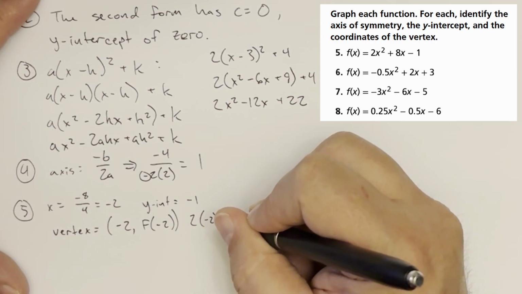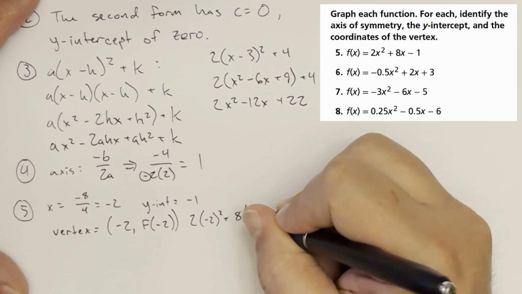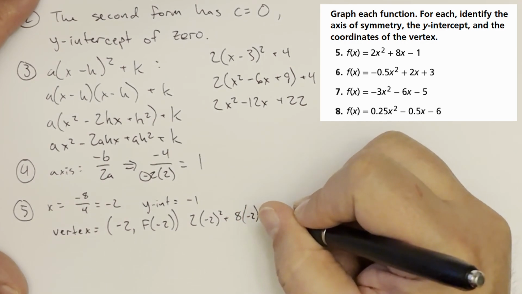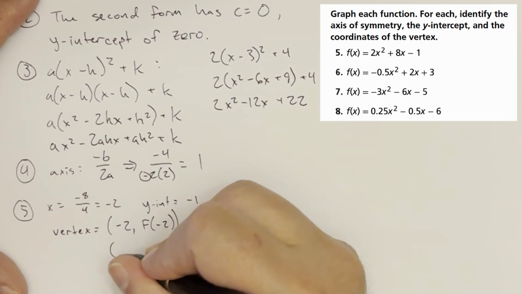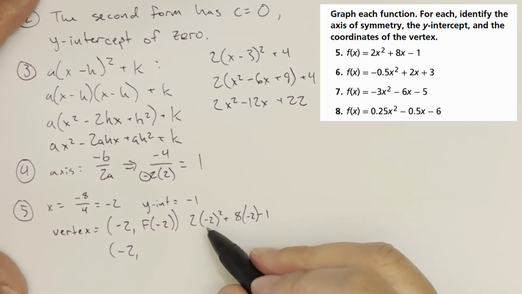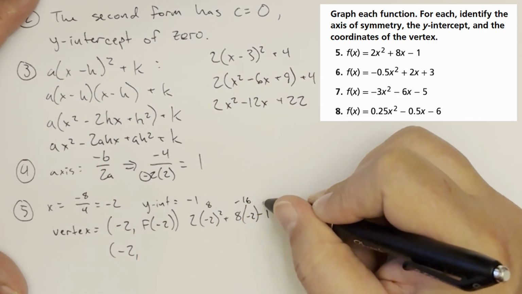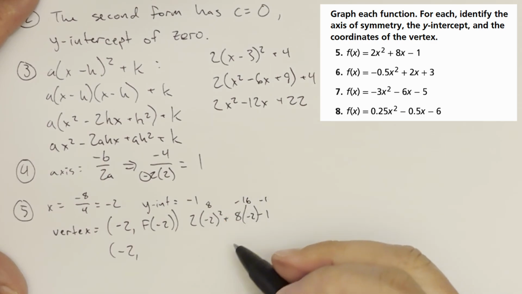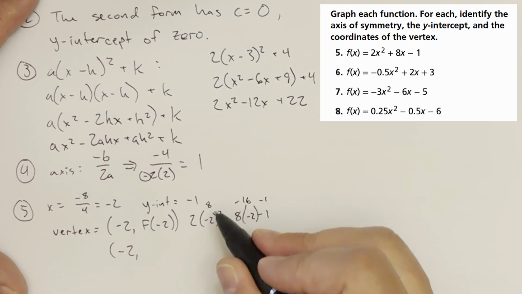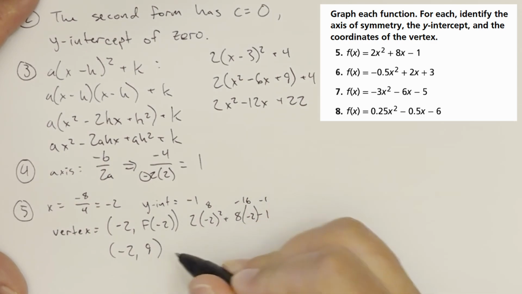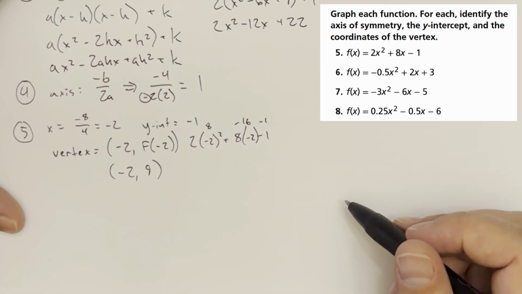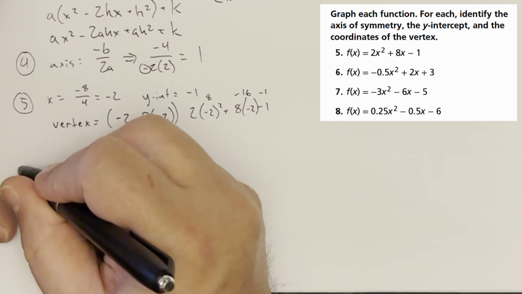So we get 2 times negative 2 squared plus 8 times negative 2 minus 1. Solving those out, negative 2 squared is 4, times 2 is 8. 8 times negative 2 is negative 16, minus 1. So we get negative 8 minus 1, which is negative 9. I forgot a minus sign. Sorry.